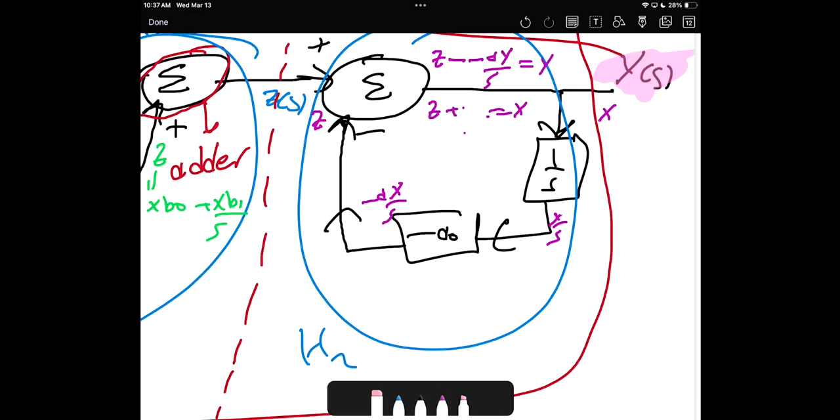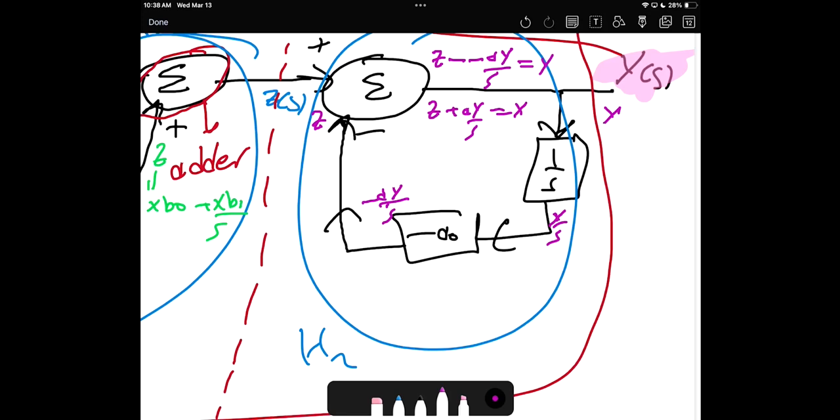Again, this is a feedback system. Here is y. Now y multiplied by s, y over s, then y over s multiplied by negative a0.